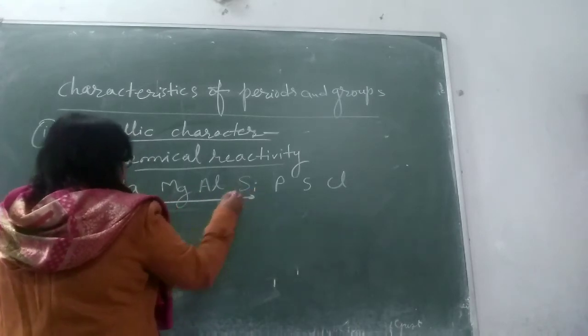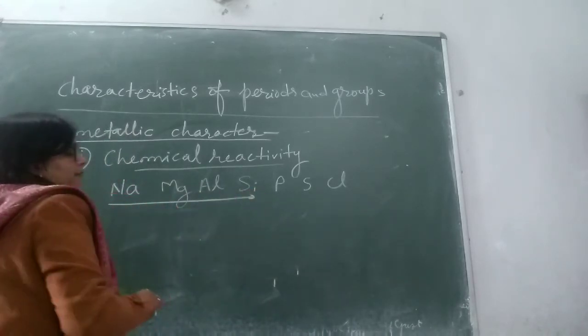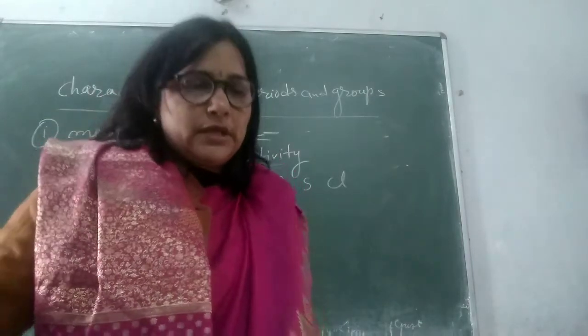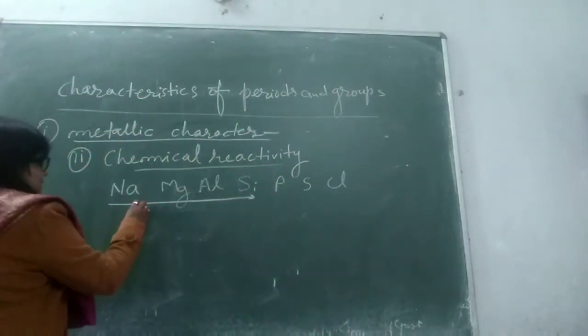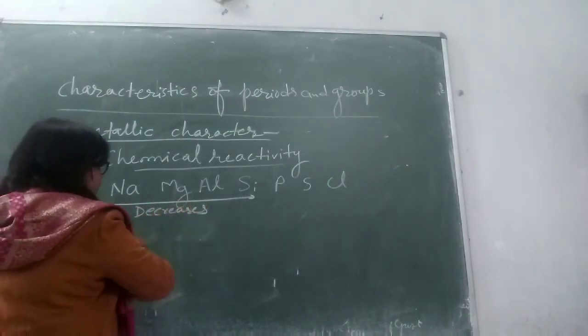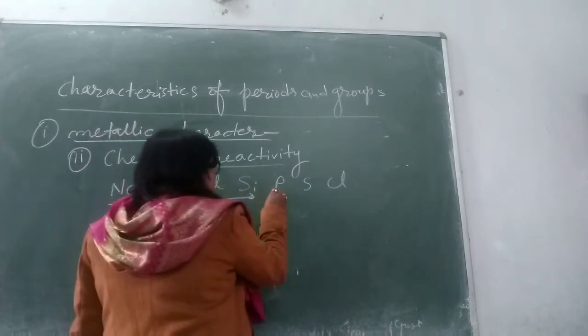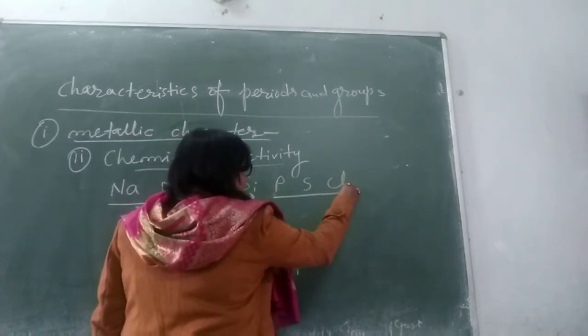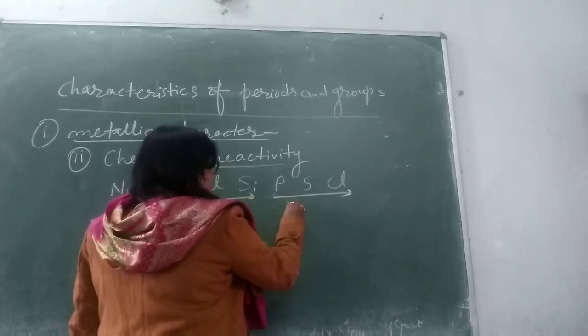From sodium to silicon, chemical reactivity decreases. And when we are moving from phosphorus to chlorine, it increases.